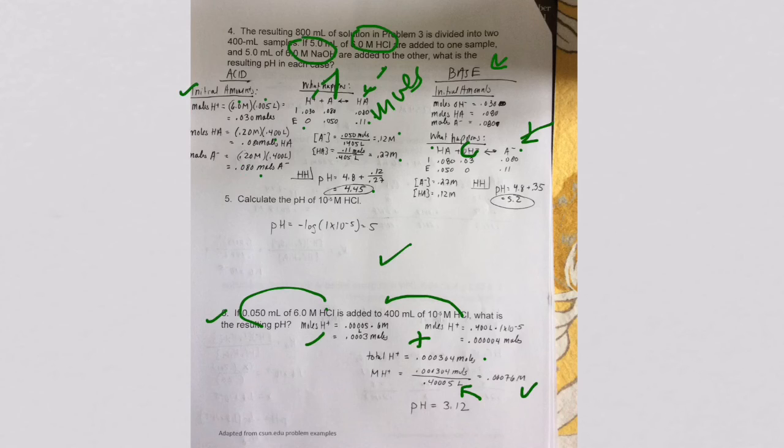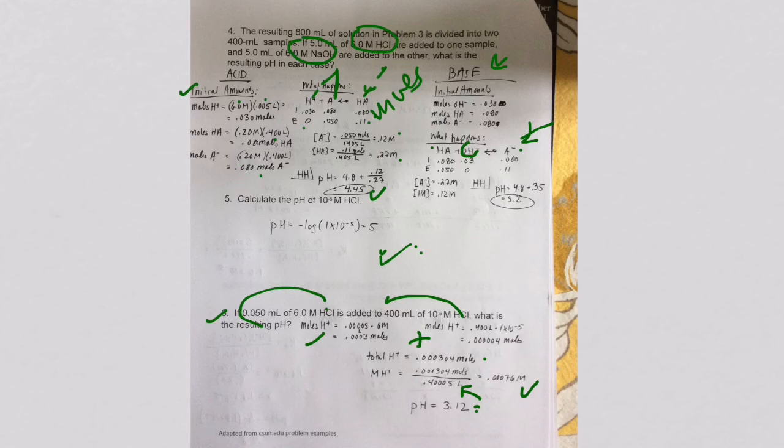Now you have your molarity, and now you can find the pH. So you can see that when you drop HCl into a buffered solution, like up here, the pH barely moves. If you drop HCl into an unbuffered solution, it changes quite a bit.